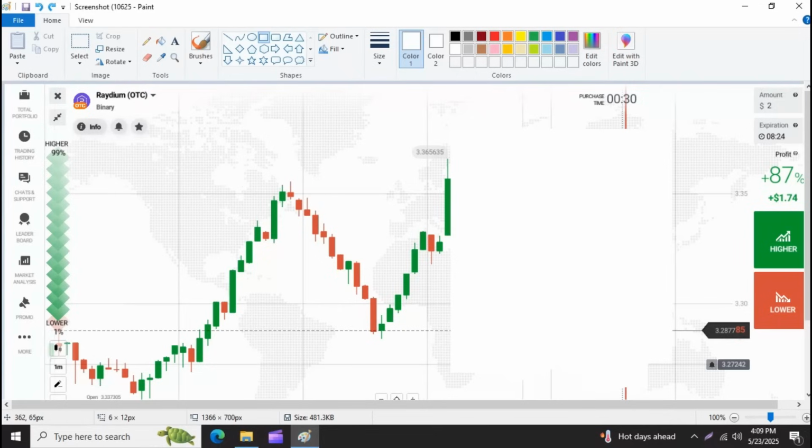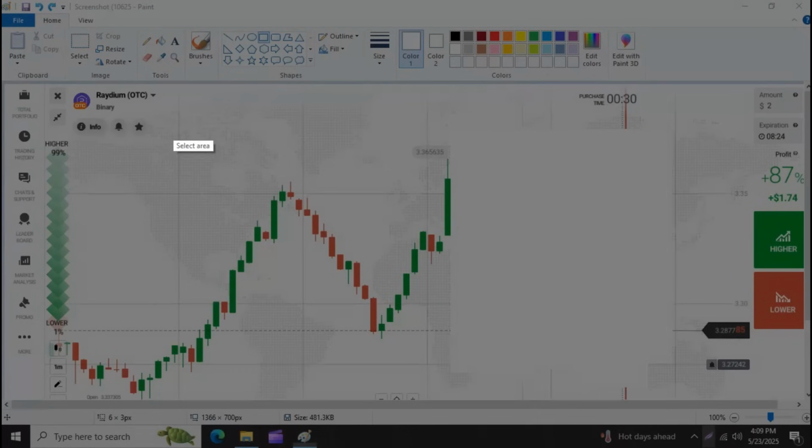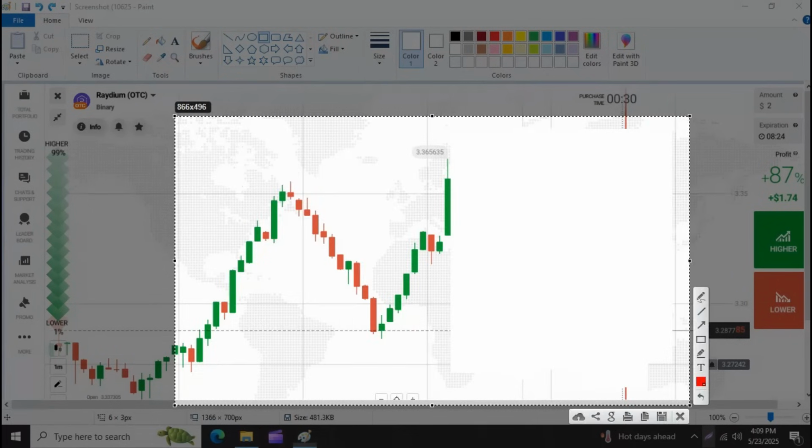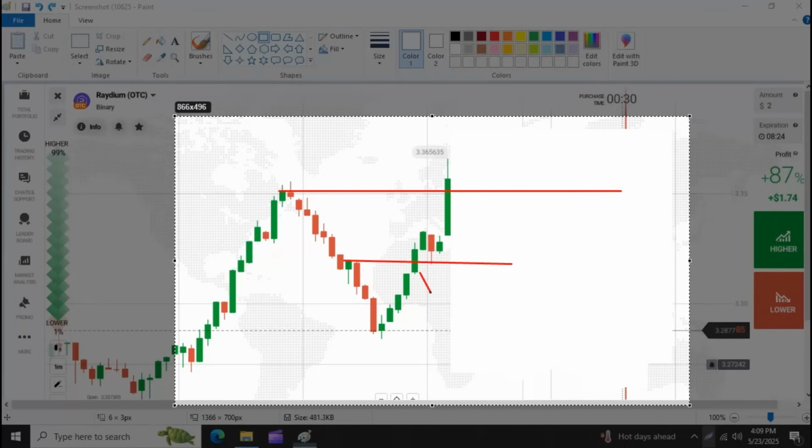So now what is the next candle? Here finally you have reached the major level. And one more thing I have mentioned many times: for a breakout, you need a weakness.